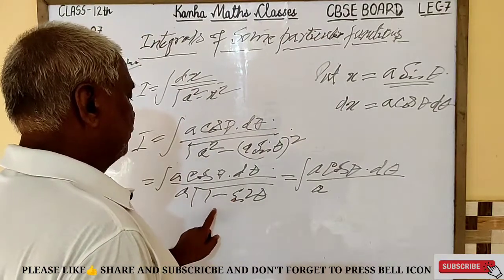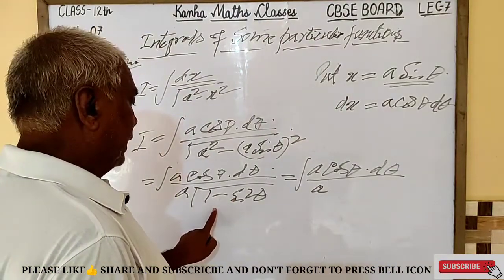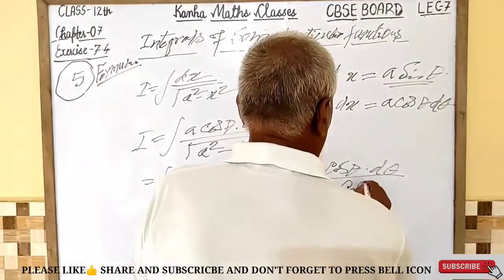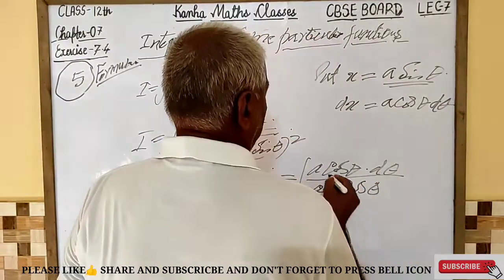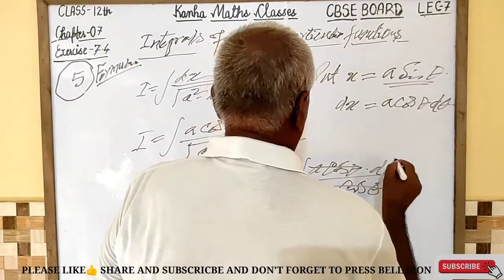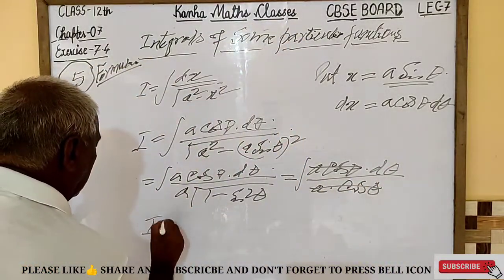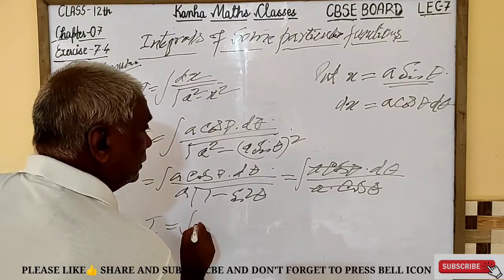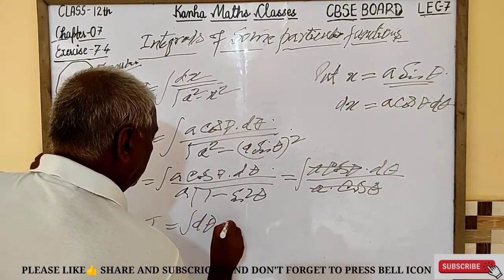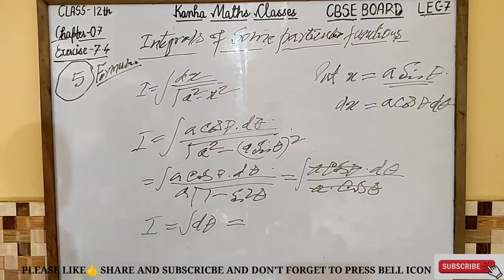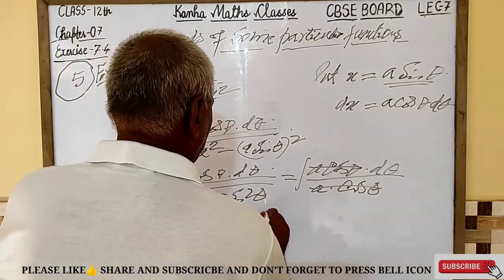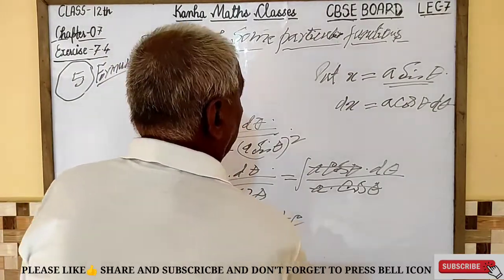1 minus sin square theta is equal to cos square theta, and that is under root cos square theta means cos theta. This will be apparently cut by this, and only here left is integral d theta, and by virtue of fundamental rule of integral you may put here integral d theta will be equal to theta plus c.